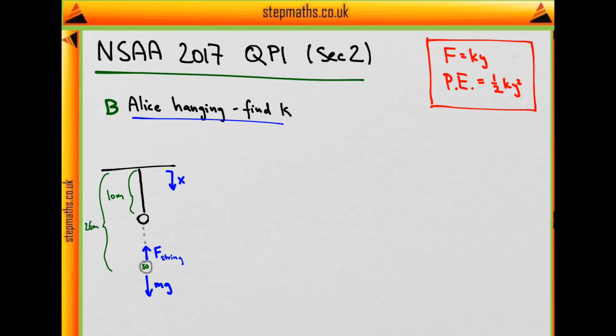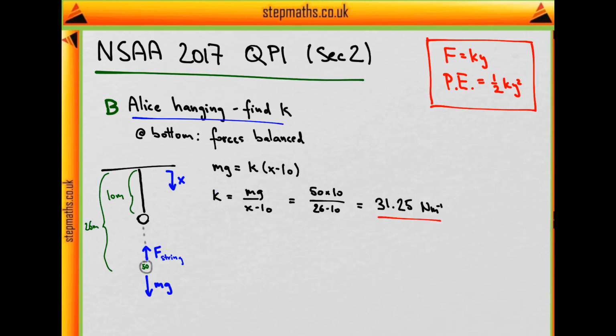And as poor Alice is hanging down here, at least she's at rest, which is great news for us, because that means that forces are balanced. So we can write the equation that mg equals the force from the string, so that's k times the extension, 26 minus 10. If I plug in the numbers, what I get is 31.25 newtons per meter.